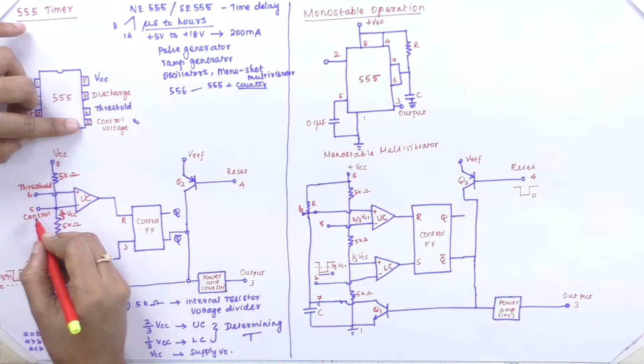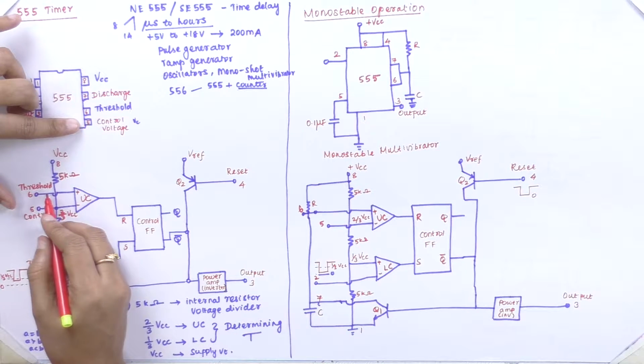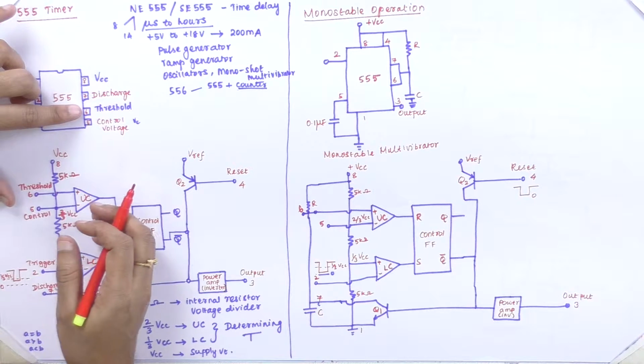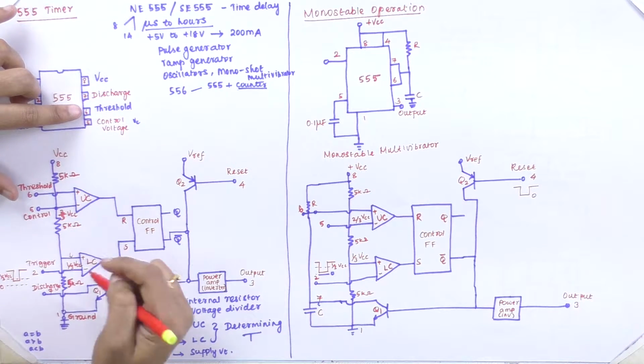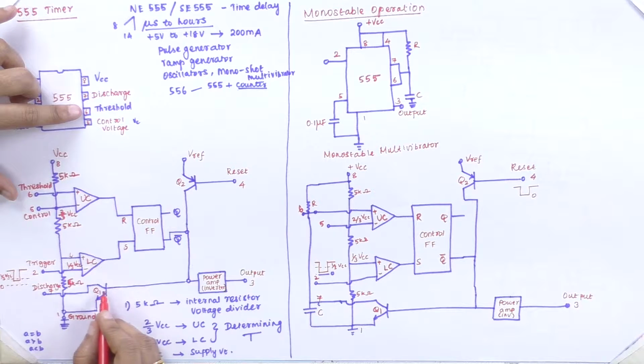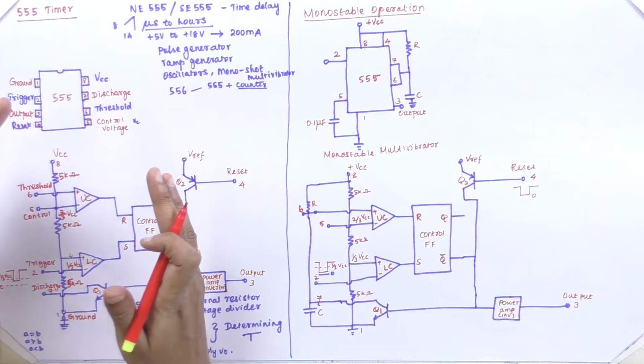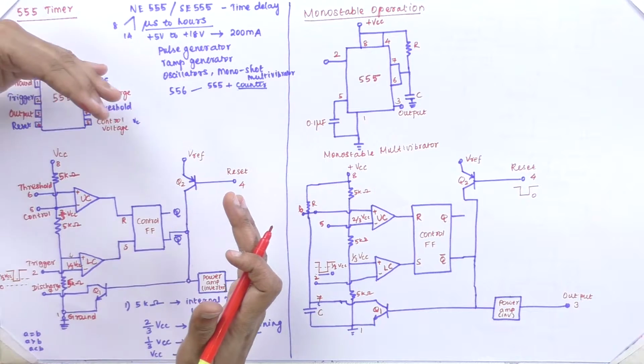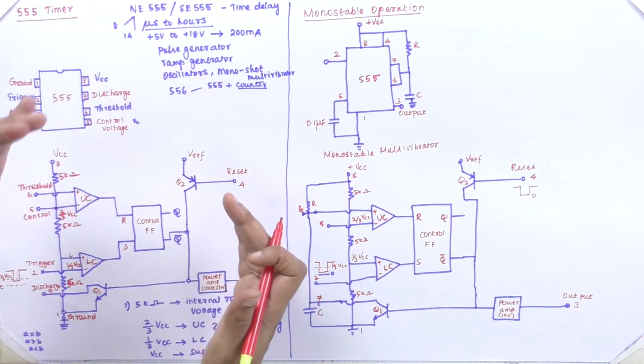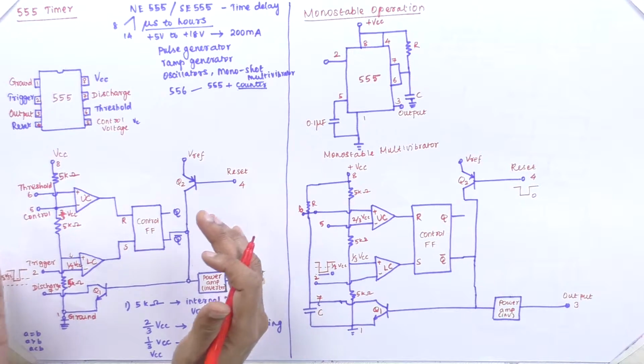Then we have a control voltage and a threshold voltage. We will be fixing certain voltages, and transistor Q1 discharges the capacitor through the 7th pin.